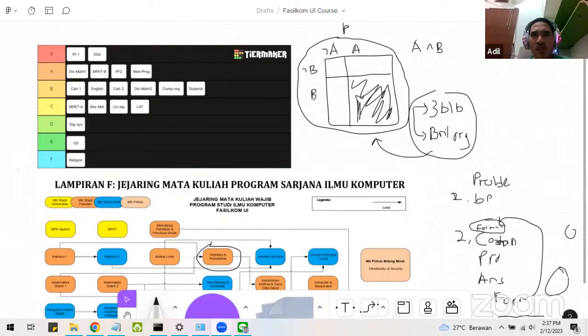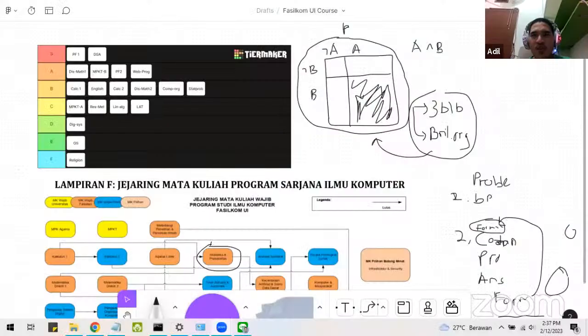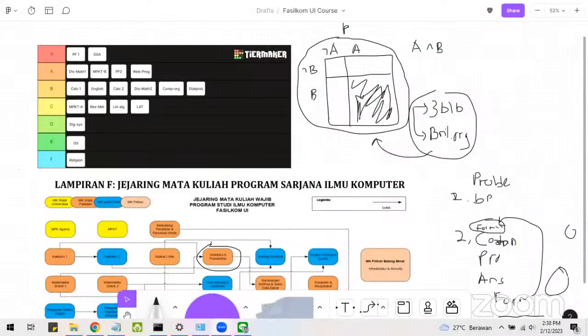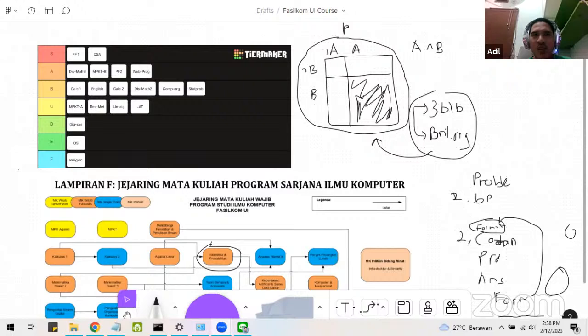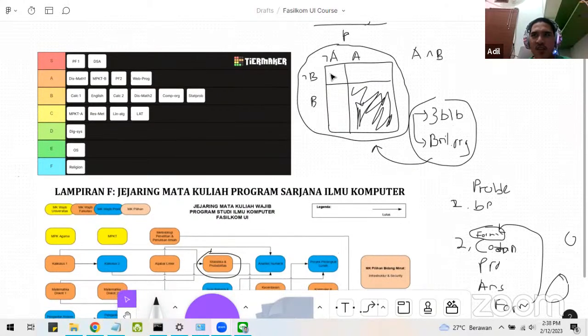Can you see it now? No, not yet. Maybe I should refresh it. Okay. So your screen share is loading here. Okay, so it is just loading.